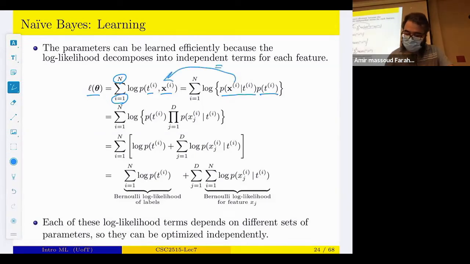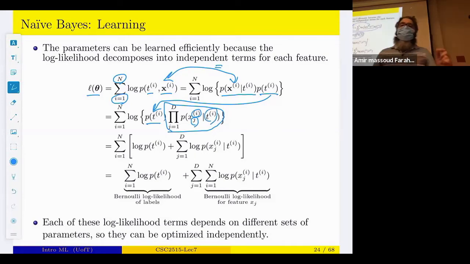Now I write it as a summation of log of P of t_i, where P of t_i is exactly the same as before, times the multiplication over dimensions j of P of x_j of data point i, conditioned on t_i. So the probability that dimension j of this data point, when conditioned on some email being spam or not spam, I write as a multiplication of them.